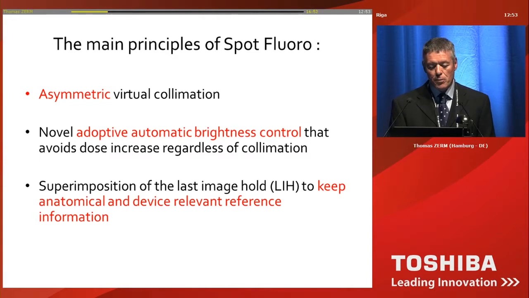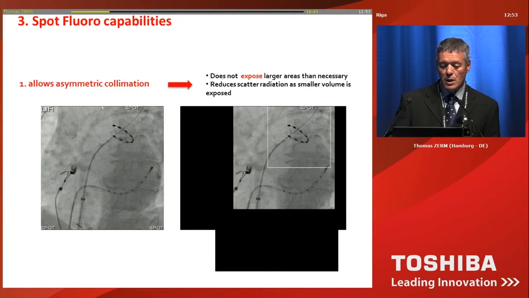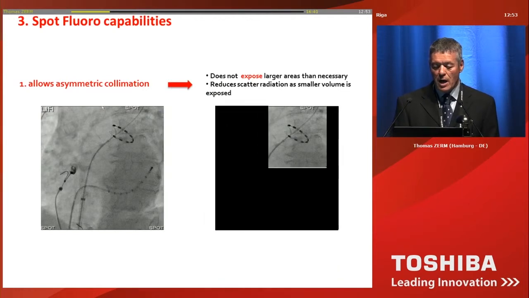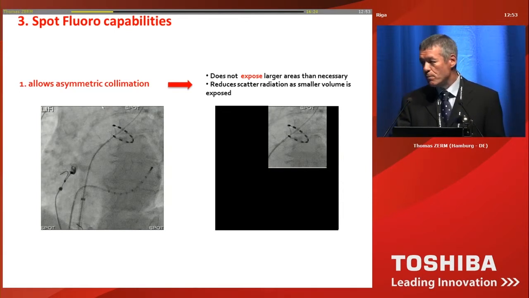The superimposition of the last image hold keeps anatomical and device-relevant reference information, which is really nice for procedures, as you see in the pictures afterwards. Asymmetric collimation allows you to focus on a region of interest and not expose larger areas than necessary. In this way, it reduces scatter radiation as a smaller volume is exposed.